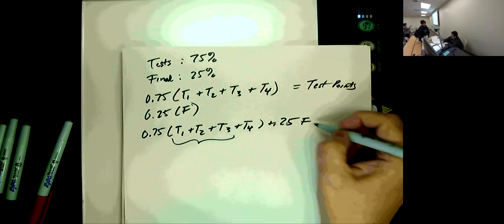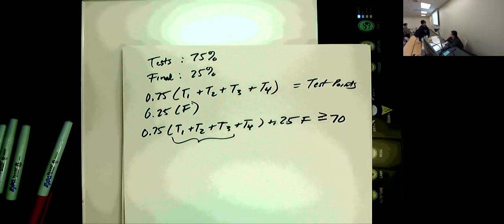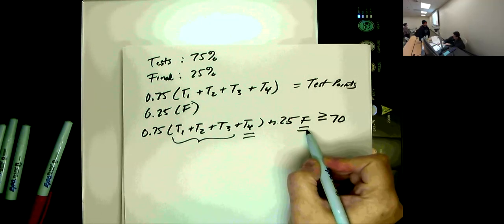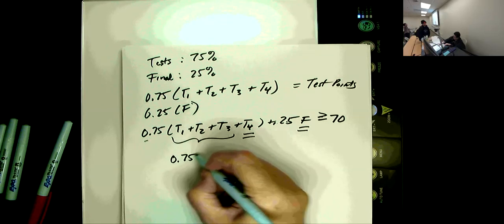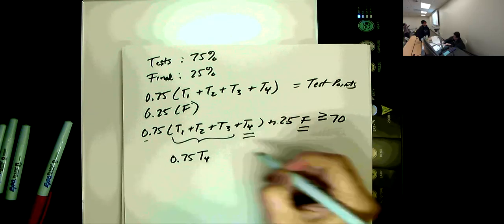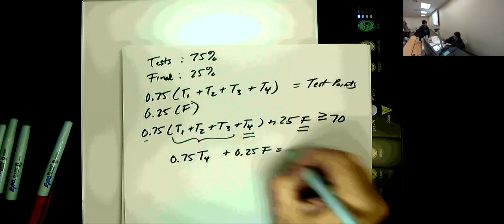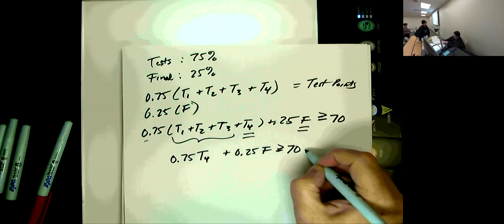If you want greater than 70%, you need this to be above 70. So you won't know these, but you'll get to whatever this is: 0.75 T4 or final exam plus 0.25 final exam equals 70 minus.